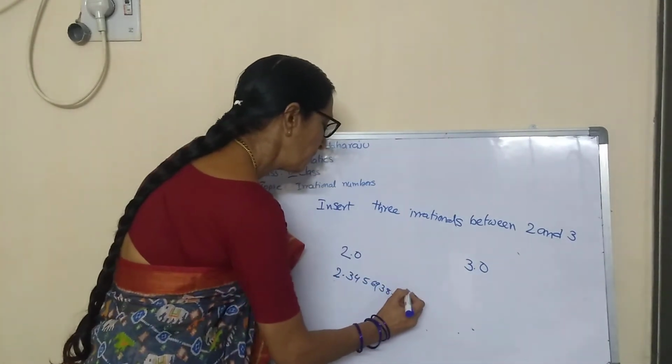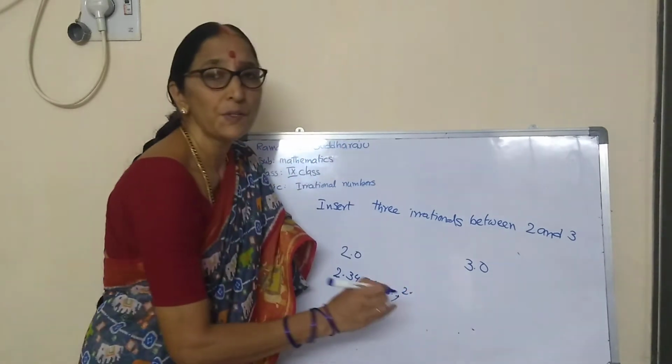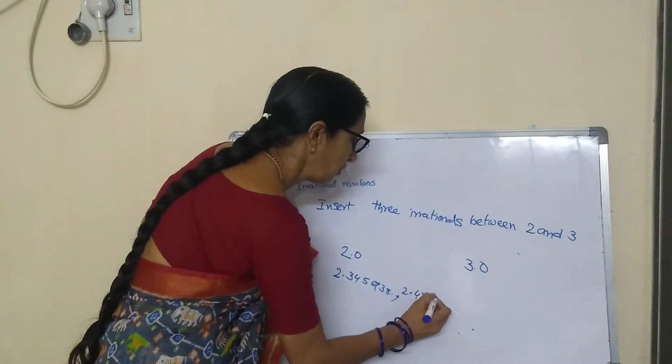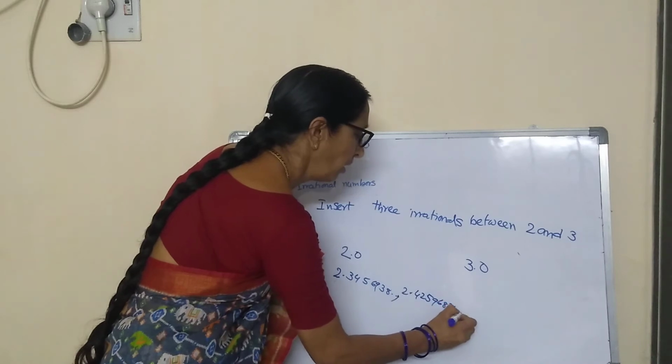And another number is 2 point any number which is non-terminating, non-repeating, like 4, 2, 5, 9, 6, 8, 2, 4, etc.